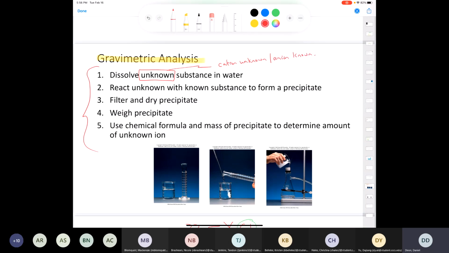You only don't know the cation. You react the unknown substance and you form a precipitate. You filter off, you dry the precipitate, you weigh it, and then you use the chemical formula of the new substance that you formed from the known substance and the known anion, and then you're able to determine the amount of the unknown ion.